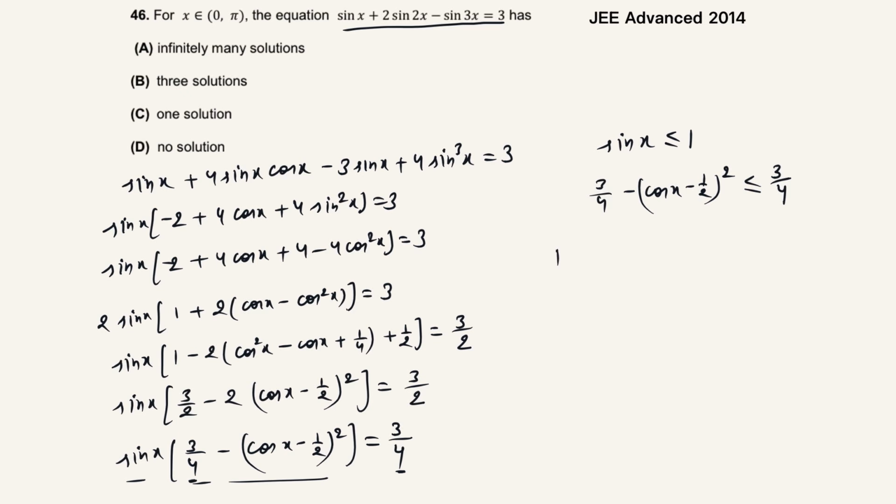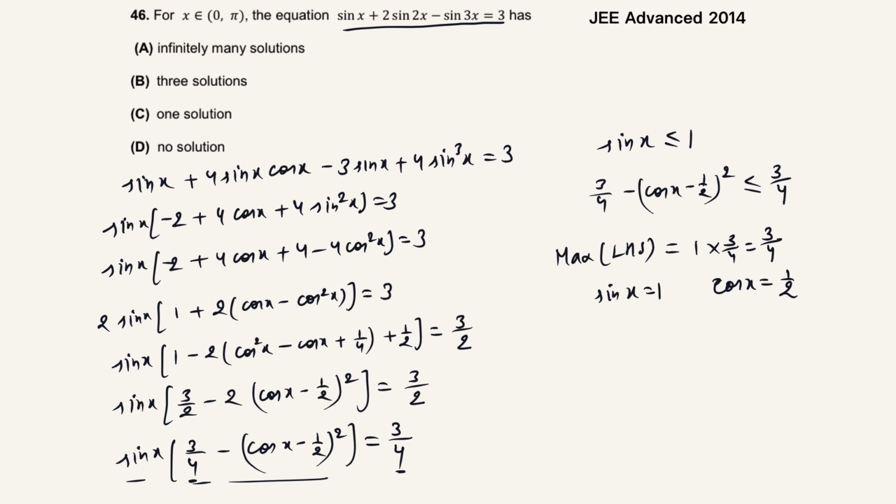And therefore, the maximum value of the left hand side will be 1 into 3 by 4, which is equal to the right hand side only when sine x is 1 and cos x is equal to half.